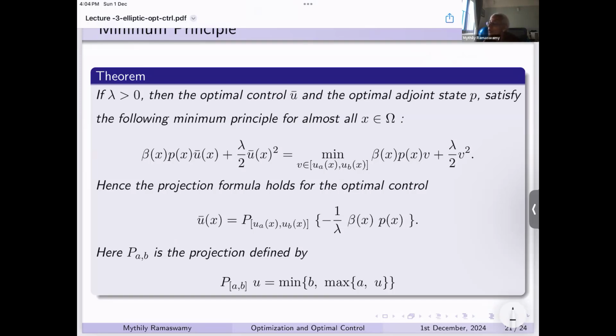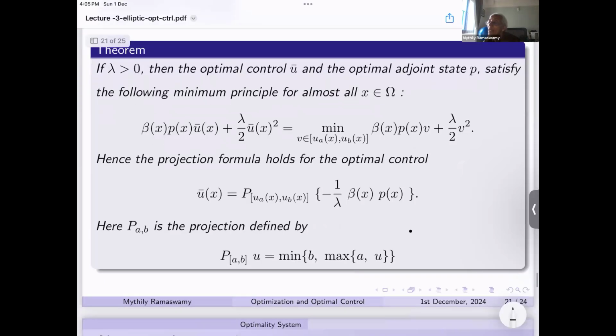So that will be, if you write this whole thing, beta P V plus lambda by 2 V square, and you allow V to take values between UA and UB, then that minimum will be attained exactly at the U bar, the optimal control U bar. So you could give a projection formula in this case. What is U bar? U bar will be given by this expression.